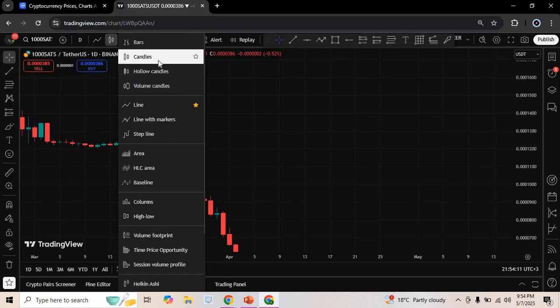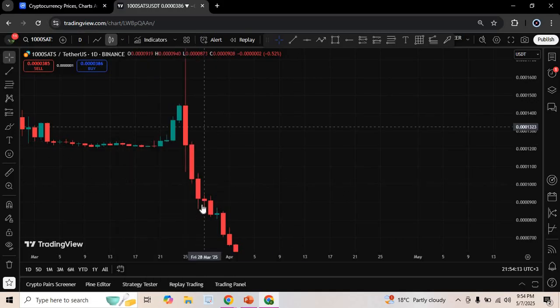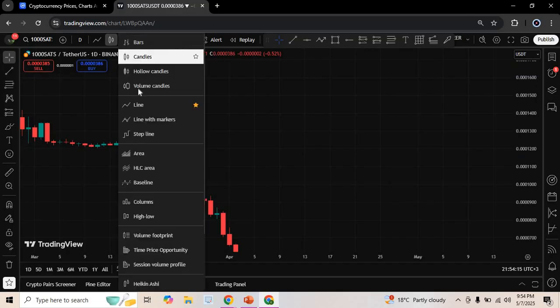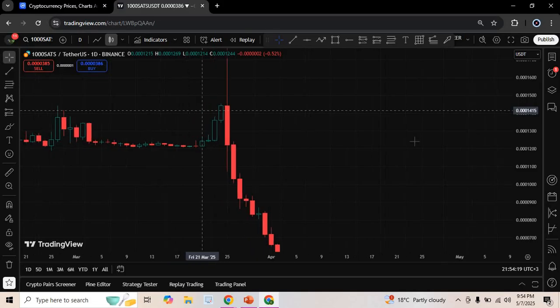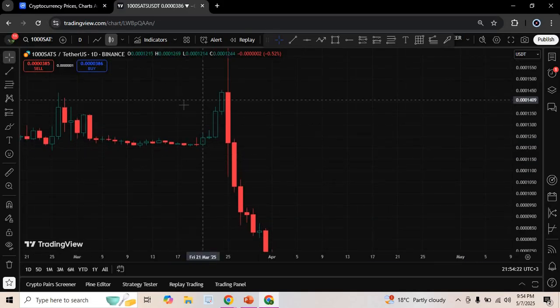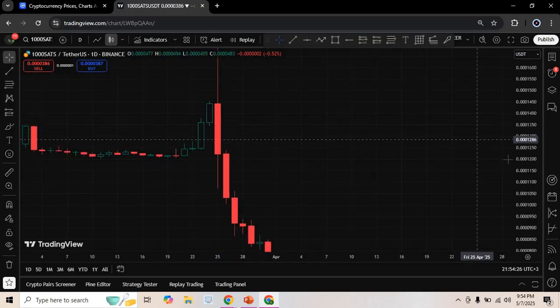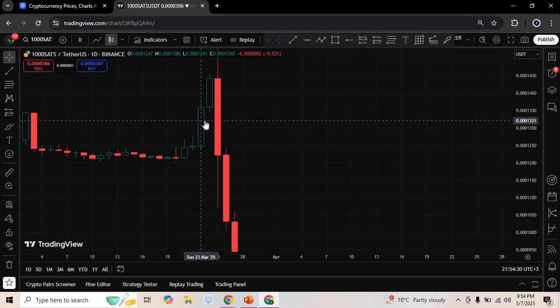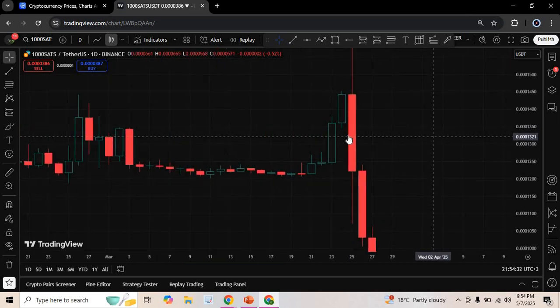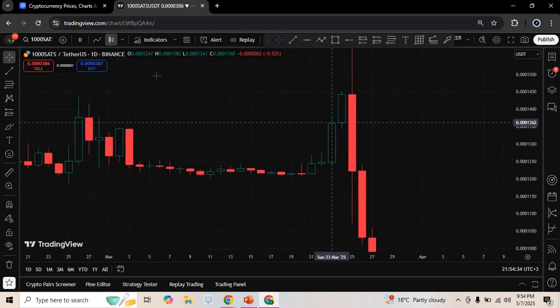The candles right here are the default candles, and this is what you're seeing on your screen right now. But you can choose hollow candles, and you'll see that my uptrend, or bullish, candlesticks are now represented by hollow candles right here. Let me zoom out. Yes, they are hollow.